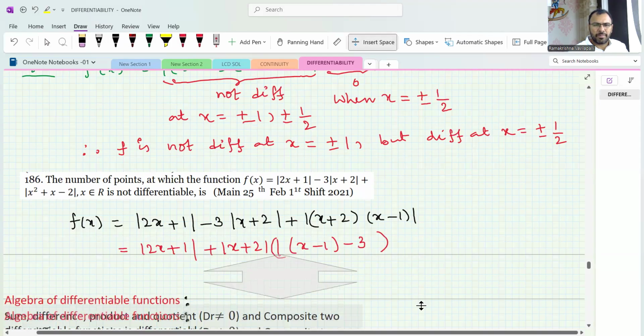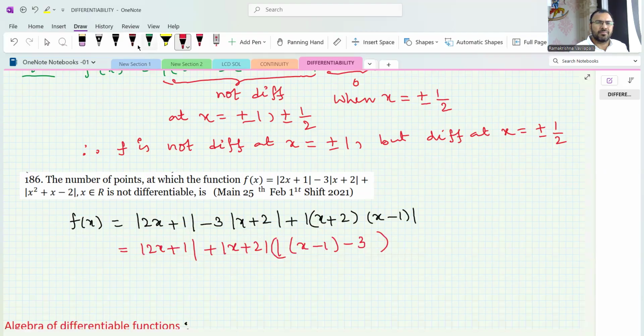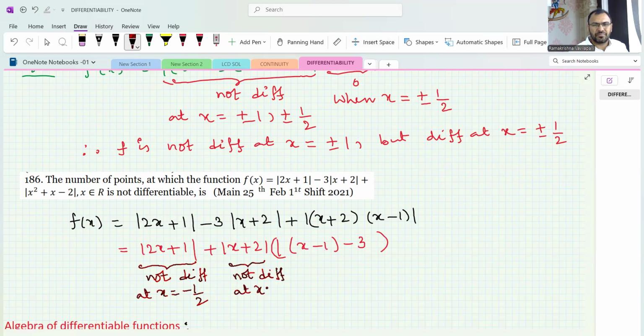Now, it won't take more than 1 minute. This is not differentiable at x equal to minus 1 by 2. This is not differentiable at x equal to minus 2, but this is 0 at x equal to minus 2.